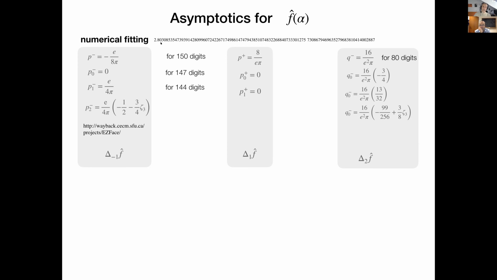And indeed, if you calculate this asymptotics by Richardson transforms, and then you multiply by 8 pi divided by E, then you will see that this is minus 1 for 150 digits. So it's like digging out some non-trivial information from these nasty coefficients.